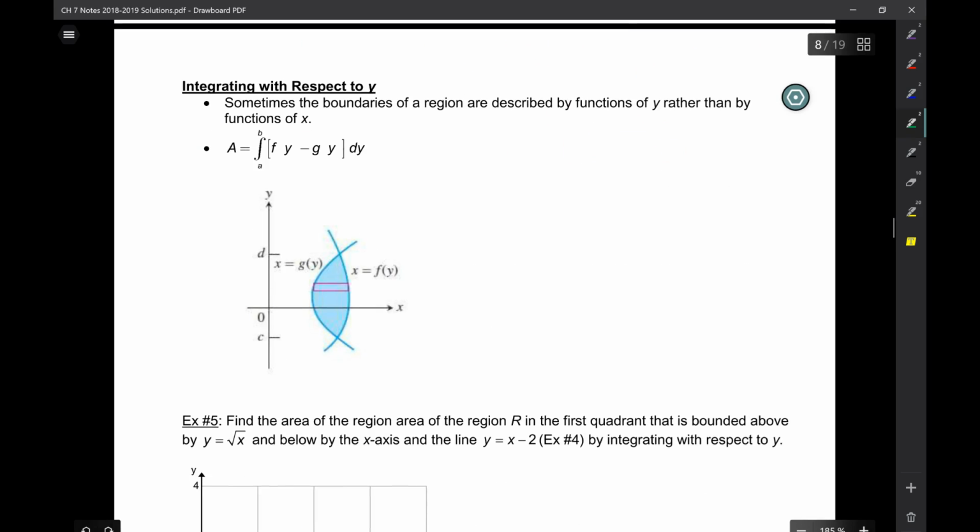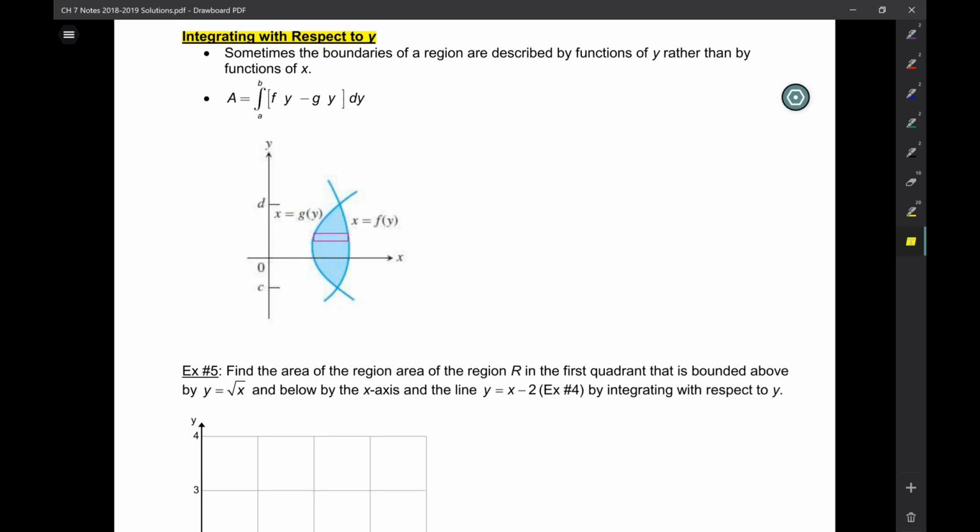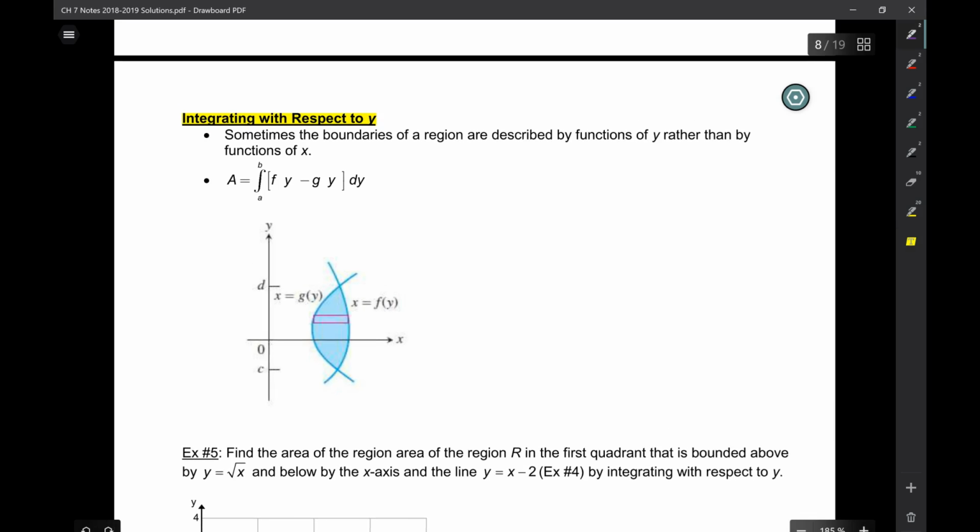Now, what if you wanted to integrate with respect to y? Sometimes the boundaries of a region are described by functions of y rather than functions of x. So instead of having y equals 3x squared plus 7, let's say, you will have x equals 3y squared plus 7.